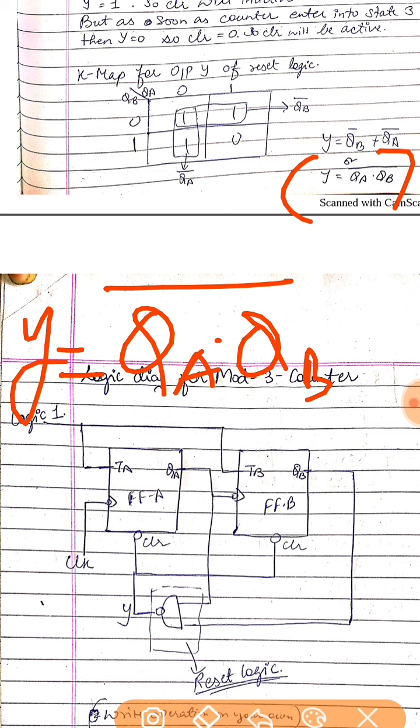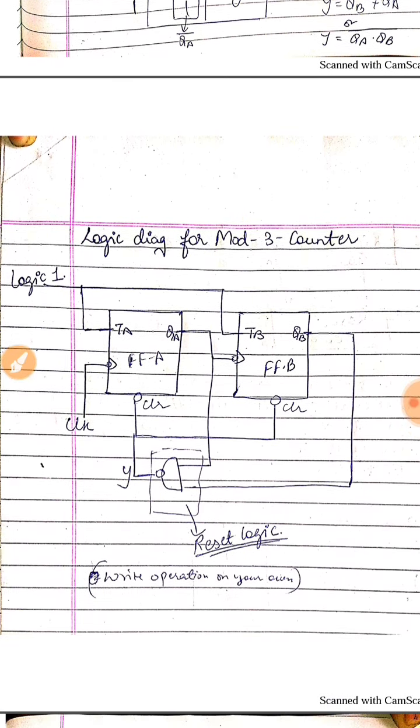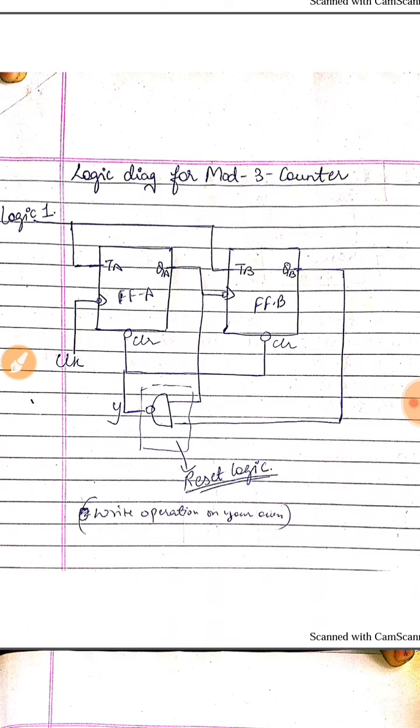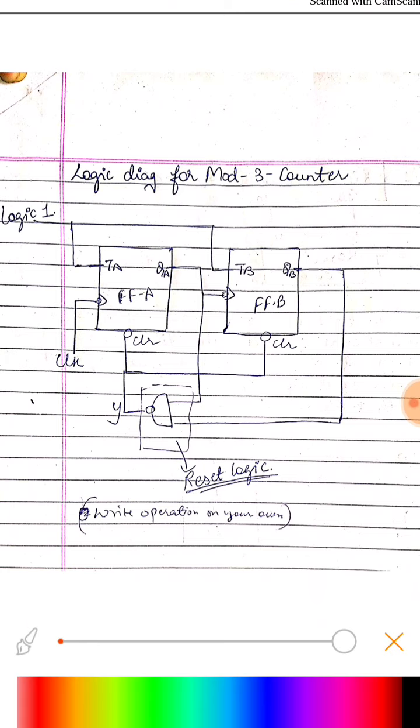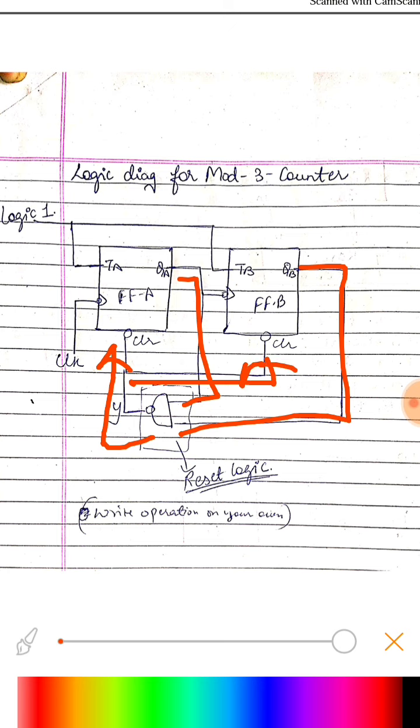So how can we use it for our reset circuit? This is how we will use QA and QB: I will feed them to this NAND gate, and the output I would feed to the clear. These clear inputs will reset the circuit and feed 0 0, that is the initial count.